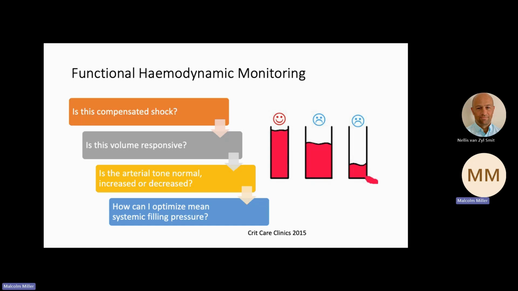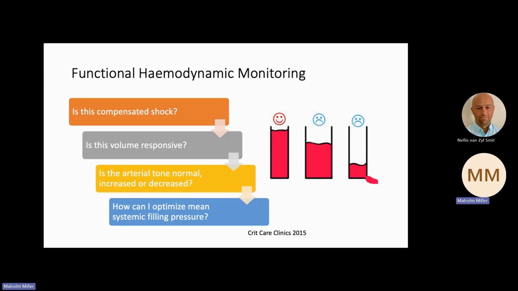We obviously need to assess whether this is a fluid responsive type of shock, or whether fluid administration is going to improve hemodynamics. And that's something that I'm sure we're all fairly comfortable with doing, and we're quite liberal with giving fluids generally. And then an important question, in terms of the type of shock but also in terms of how well it's being compensated for, is to assess the vascular tone.